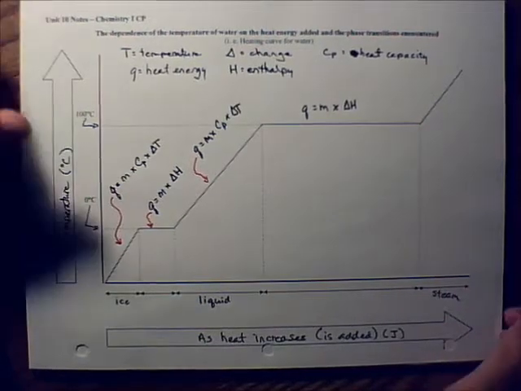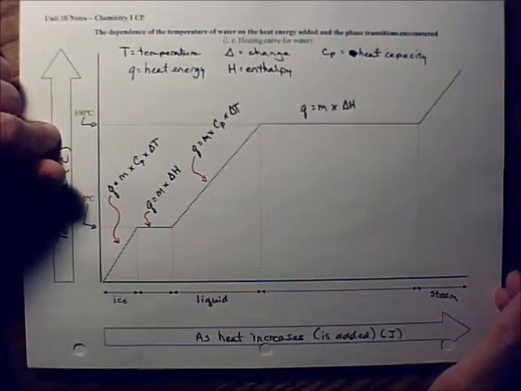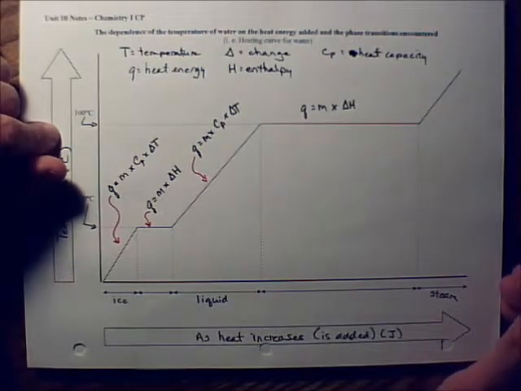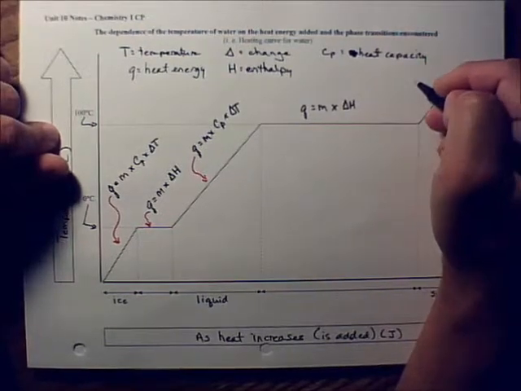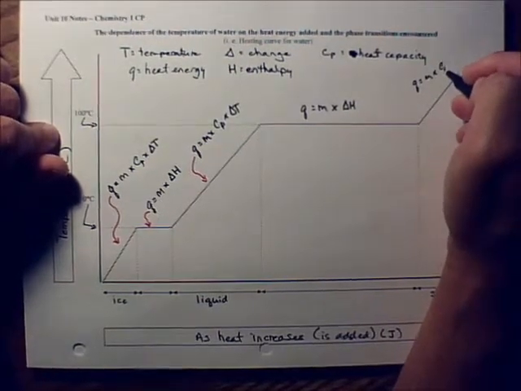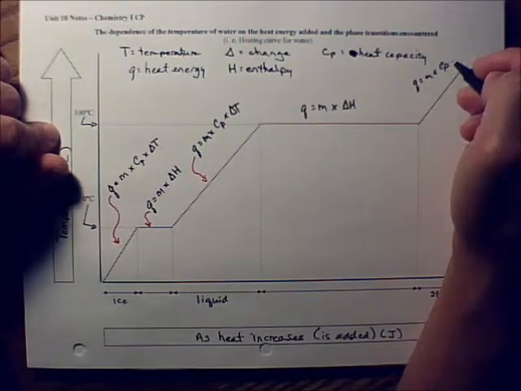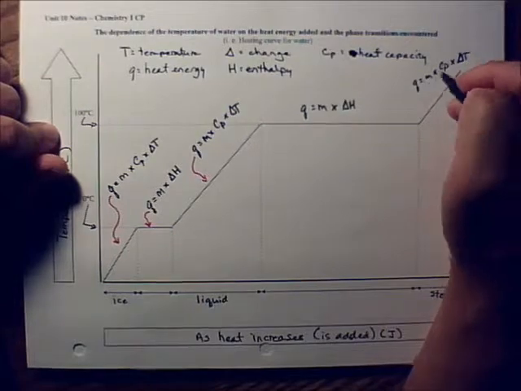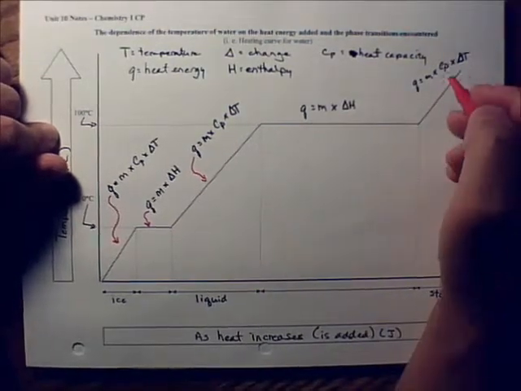Now steam, you can change its temperature. So if we can change its temperature, we can use an equation that has a change in temperature value. Okay? So Q equals mass times the specific heat for steam times that change in temperature. That's up here. That's where it belongs.